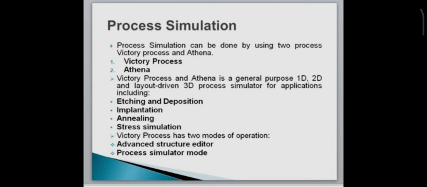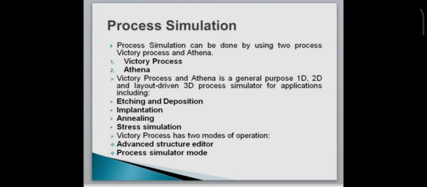Process simulation. Process simulation can be done by using two tools, Victory Process and Athena. Victory Process is a general purpose 1D, 2D and 3D process simulator for applications including etching and deposition, implantation, annealing, and stress simulation.